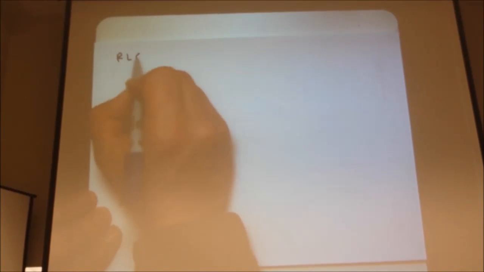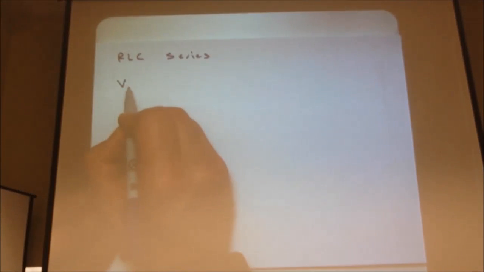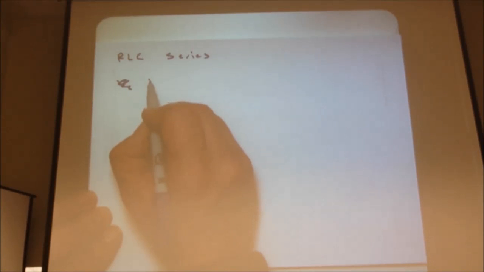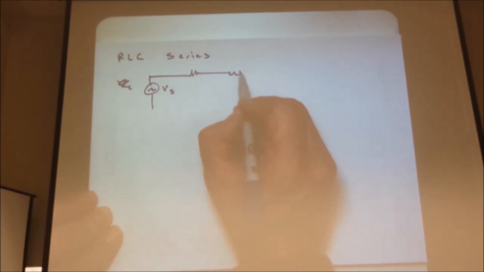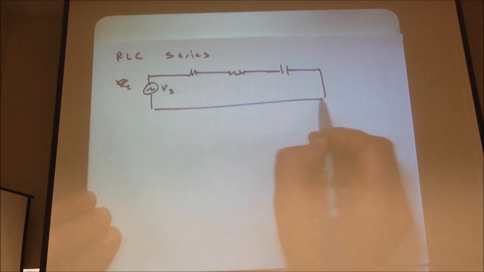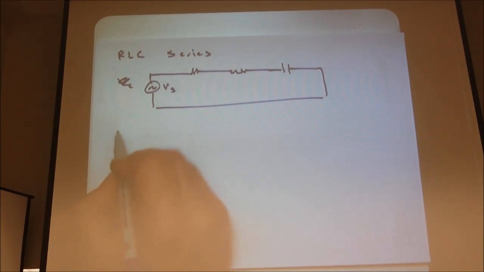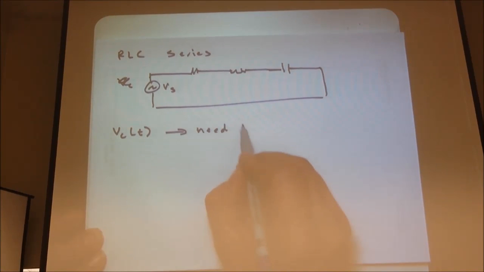The RLC series, DC source, if we're asking about VC as a function of time, what does that mean? We need two initial conditions.